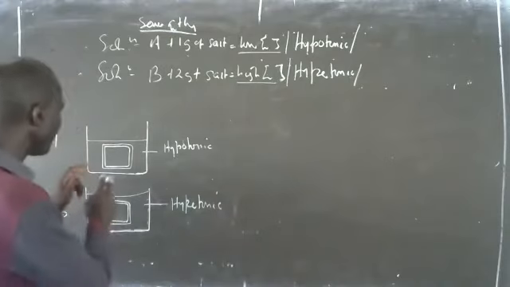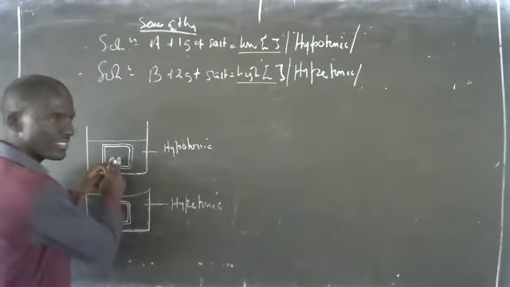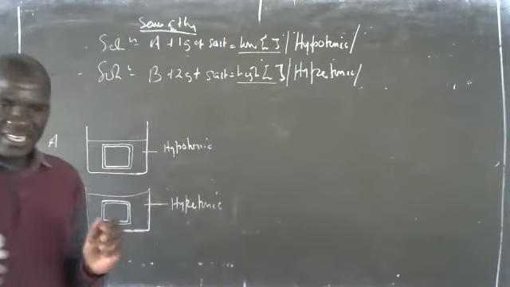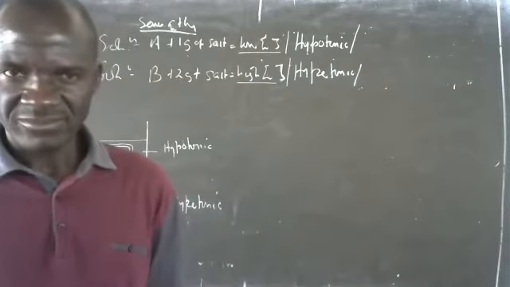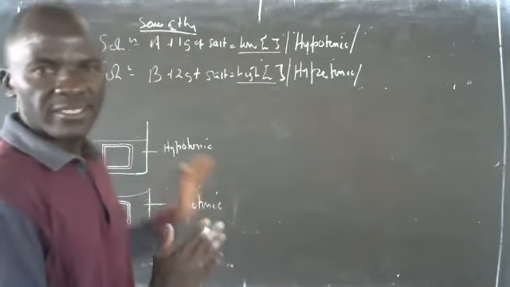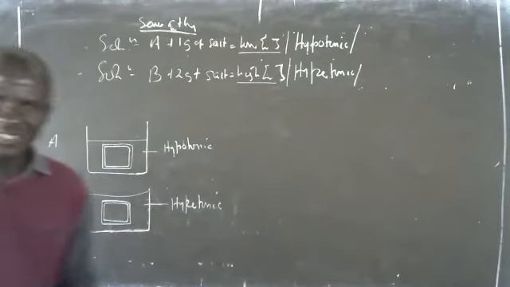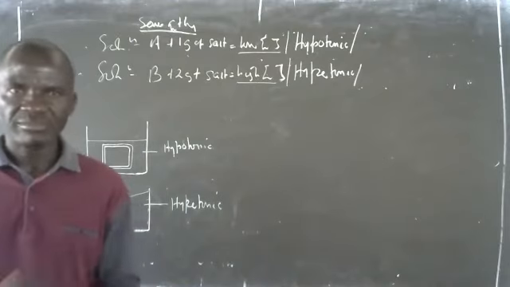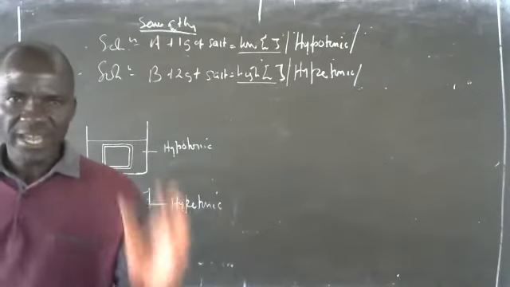Now, if this solution here is hypotonic, the cell is hypertonic, then there is a gradient, a difference in concentration. There's a solution enclosed in a plant cell. That solution we can call cell sap, but I can also call it cytoplasm.